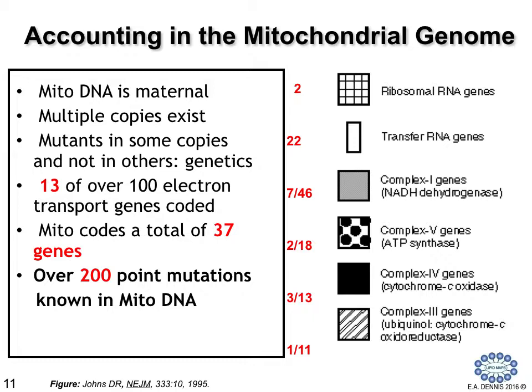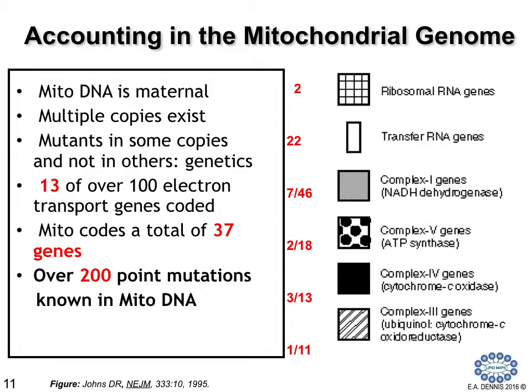ATP synthase, which has 18 different proteins, contains only 2 coded by the mitochondrial DNA. And complex 4, known as cytochrome oxidase, has 3 of 13, and complex 3 has 1 of 11, whereas complex 2 codes for no genes in the mitochondria. So, in summary, mitochondrial DNA is maternally inherited. There are multiple copies of the DNA in mitochondria, and so one could have mutations in some copies and not in others, which makes for a very complicated genetic inheritance situation.